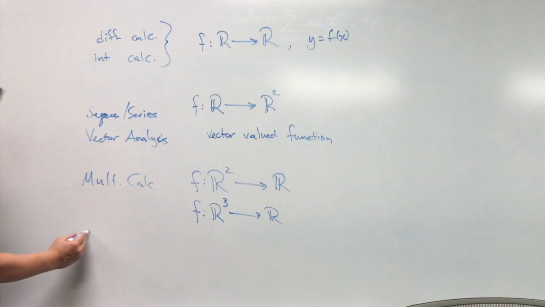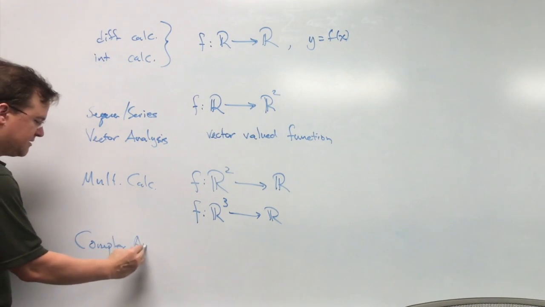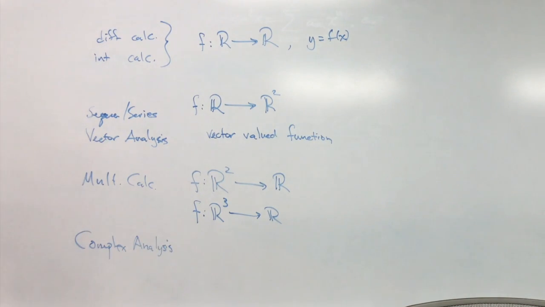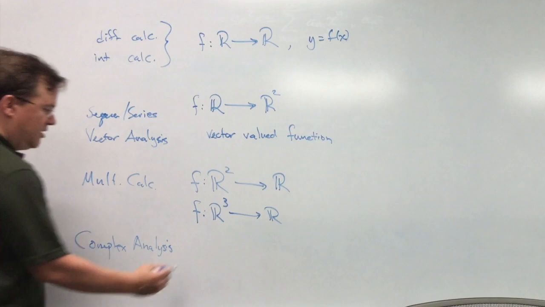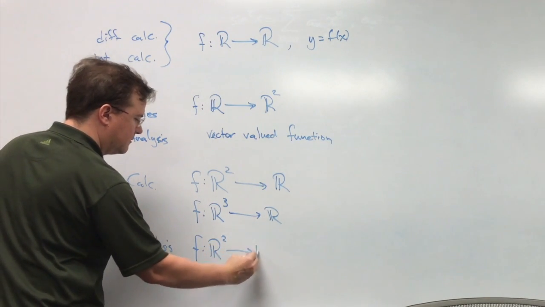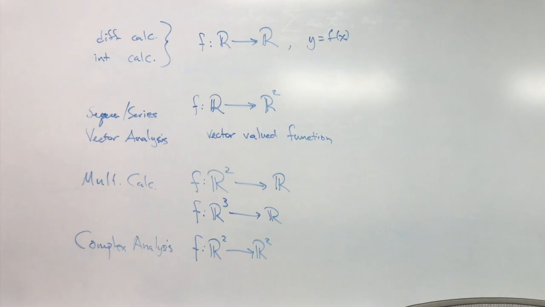If you were to take complex analysis, which is not even offered at a junior college level, right? Then you can look at a function where the input's a vector and the output's a vector, vector to vector.